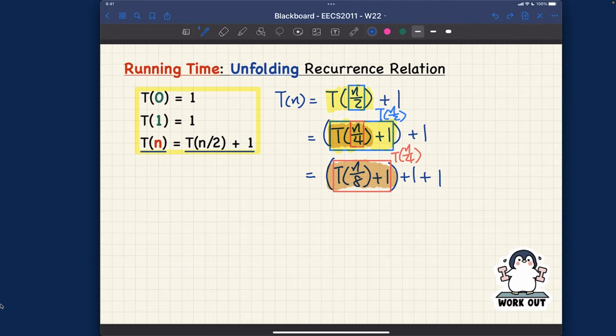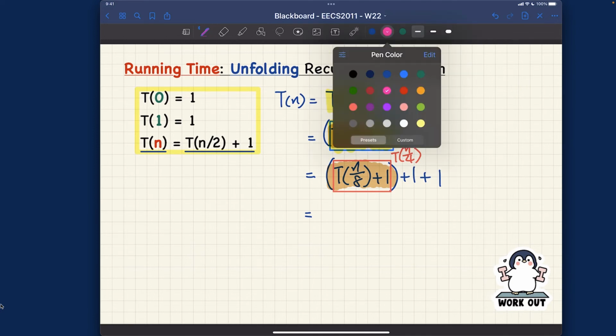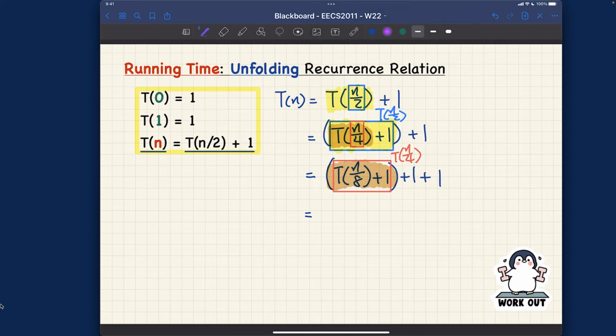I think so far we have done two unfoldings, and that should be enough. Let's now see what the pattern is. You know what? Let me do one more, just for completeness. This one here, let's do purple over here.